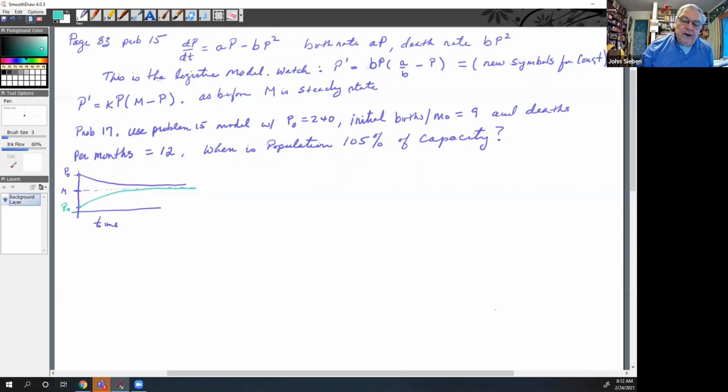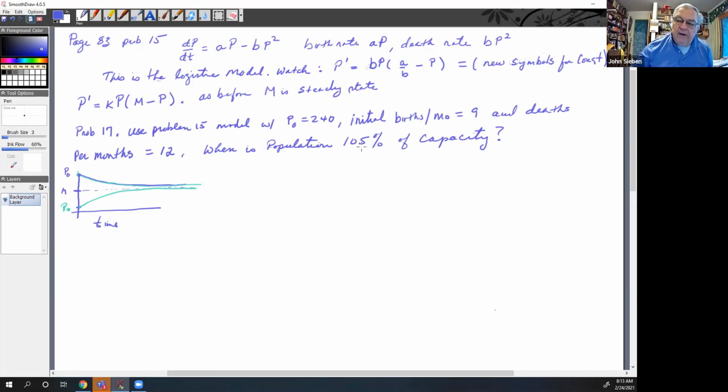So the logistic model says that this is what will happen to the population, that it will slowly decrease until the number of rabbits matches the carrying capacity of the island, and then you're in stasis, or in equilibrium. The initial births given in this problem, 9 per month, and the initial deaths, 12 per month.